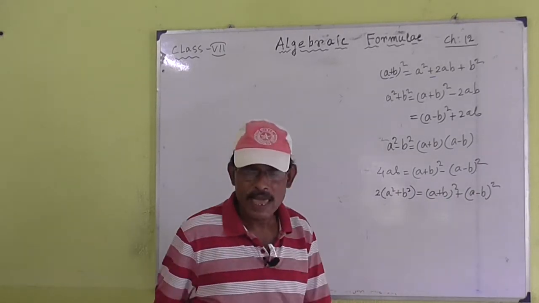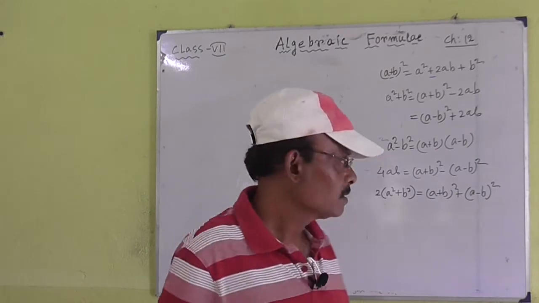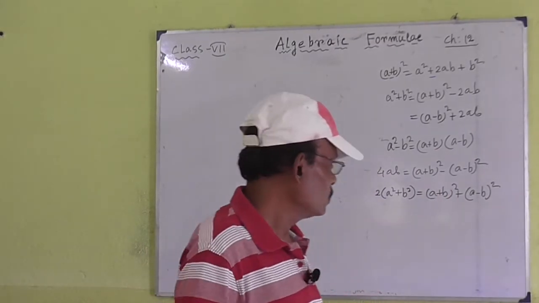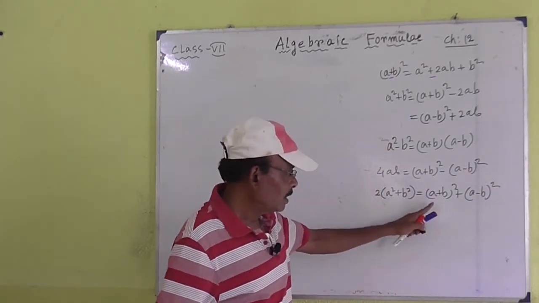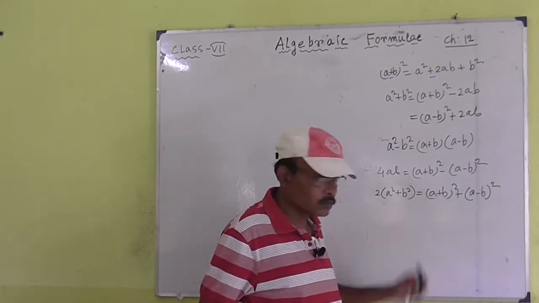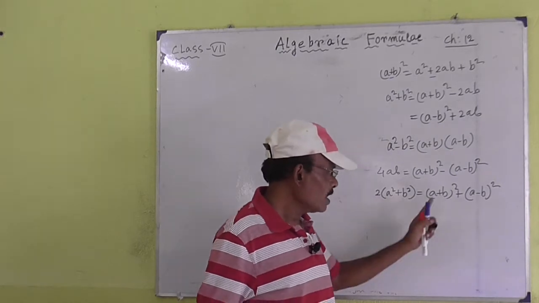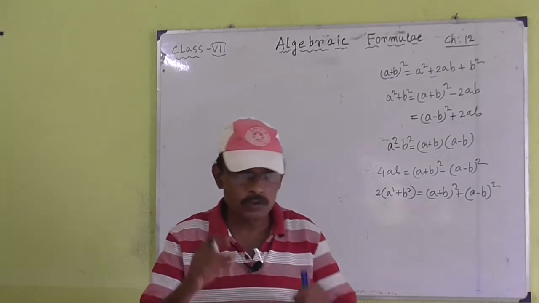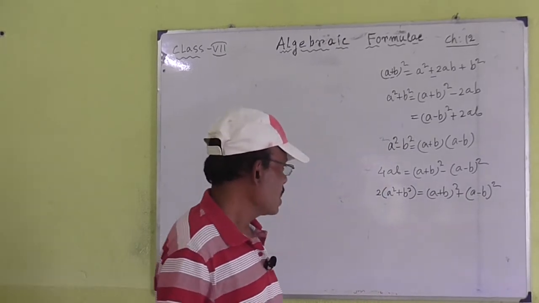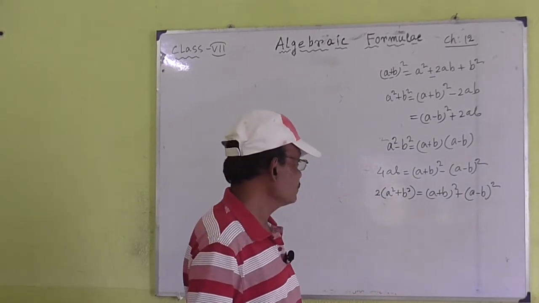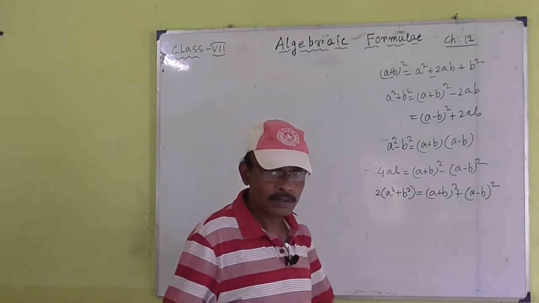The 2ab and minus 2ab will be cancelled. So there remains a square plus a square, that means 2a square, and b square plus b square, 2b square. If we take common 2, it will be 2 into a square plus b square. Okay.